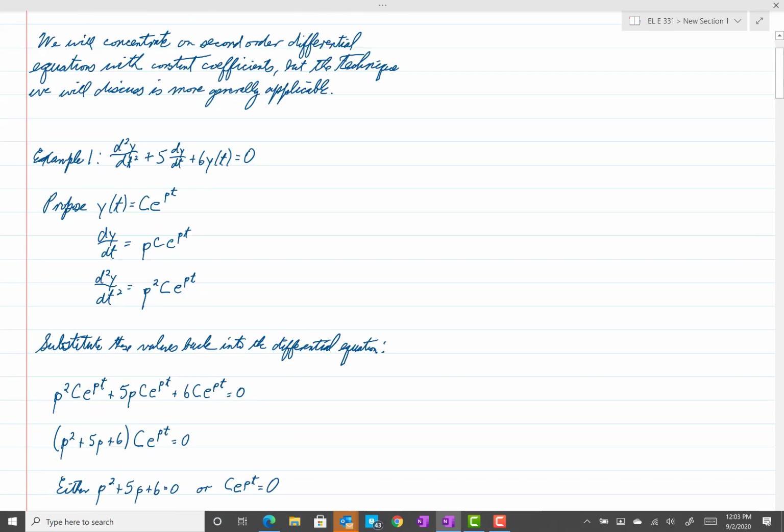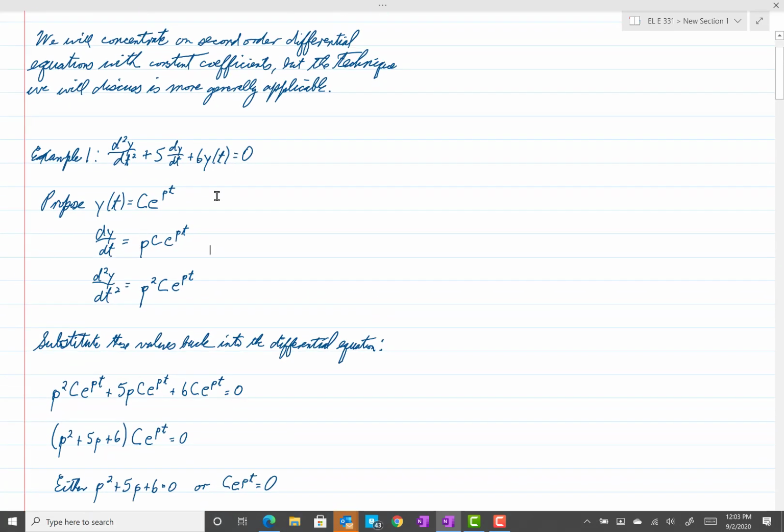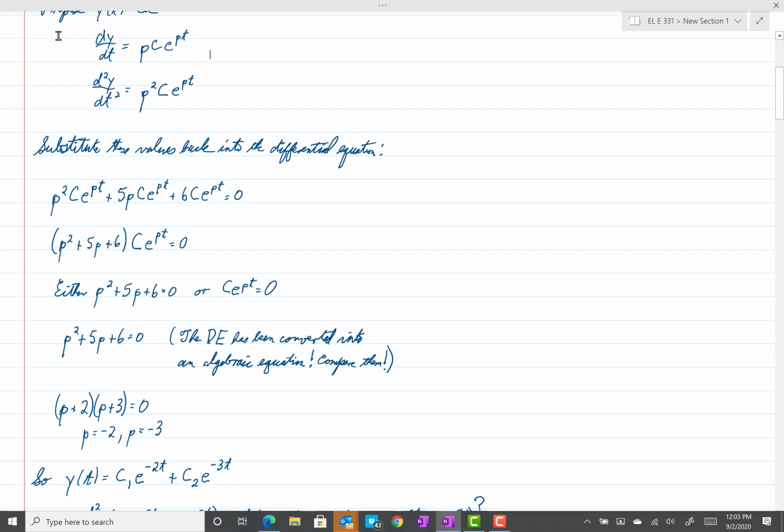And so, sure, y equals 0 would indeed make this equation work, but that's what people call the trivial solution. That's almost never the solution that we're looking for. We're looking for the non-trivial, the non-zero solution. So we come back down here and we're going to reject this possibility. We're not going to worry about c e to the pt being equal to 0.